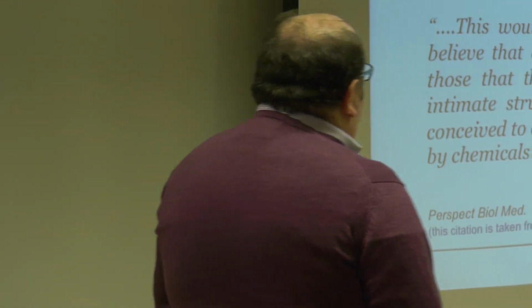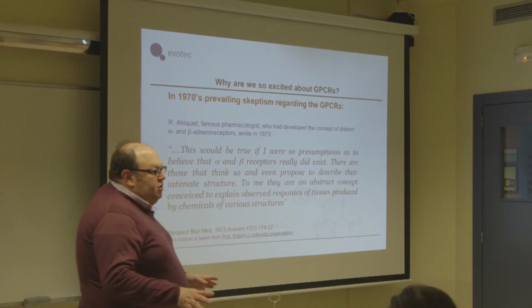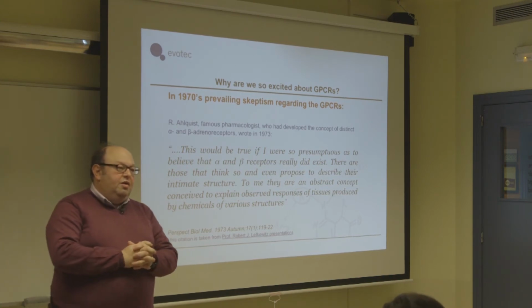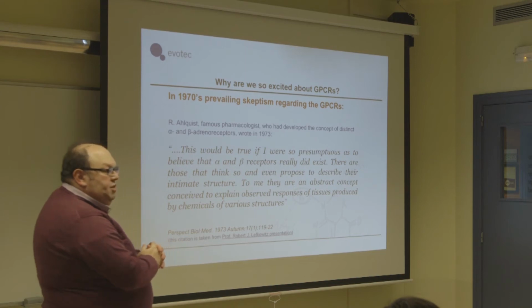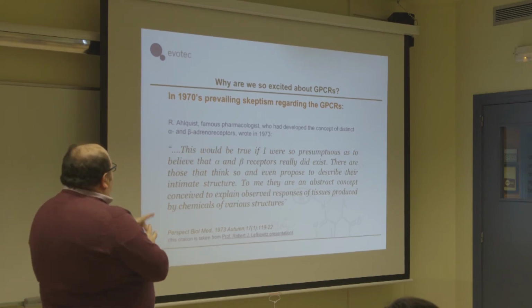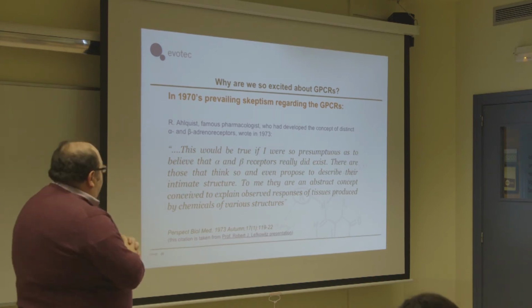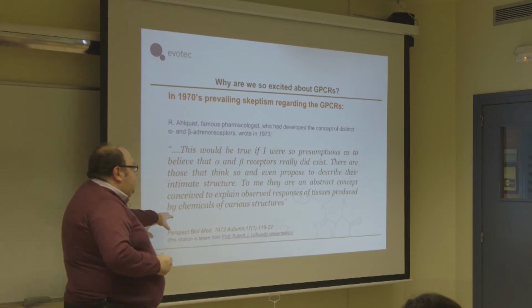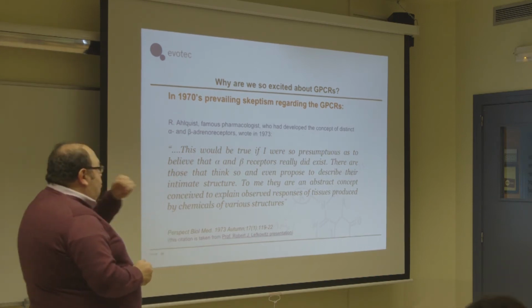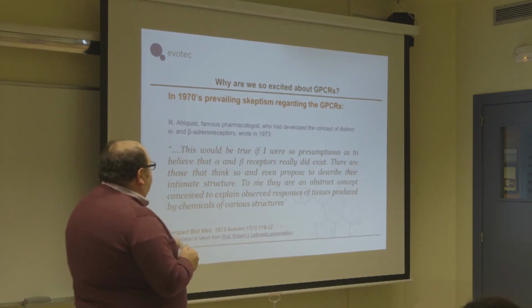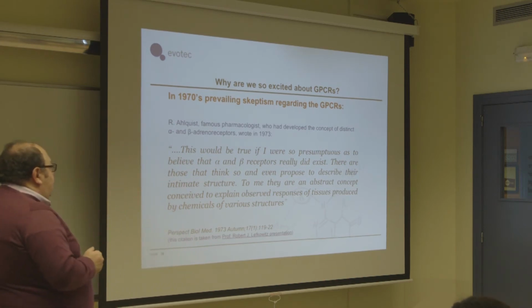But I was going to tell you the history and how science changed quickly. Today nobody argues about the existence of GPCRs. Many GPCR structures have been solved crystallographically in the last, I think, 10 years. But in 1970, one of the famous pharmacologists said in one of his papers: "This would be true if I were so presumptuous as to believe that alpha and beta receptors really did exist.